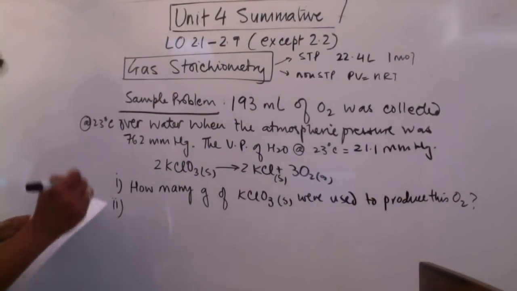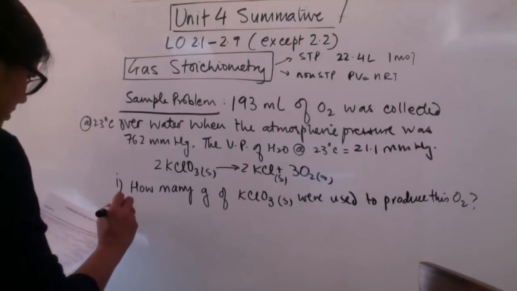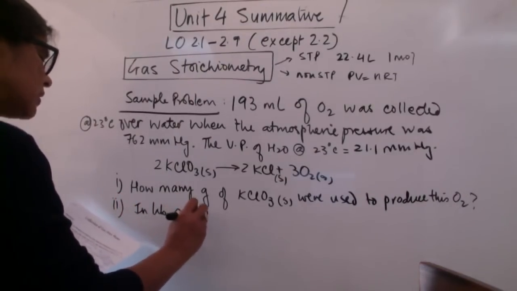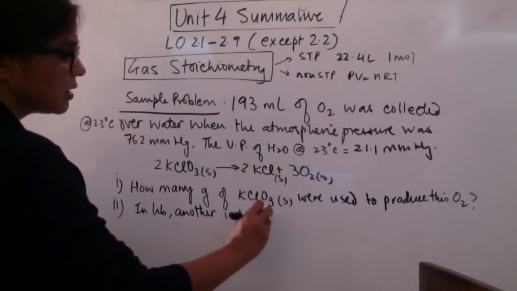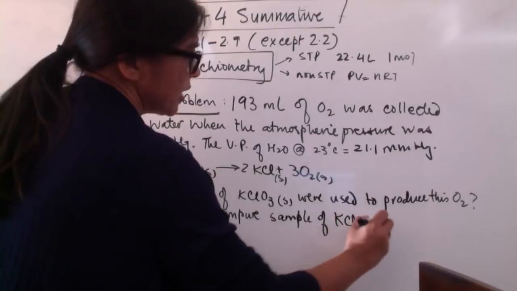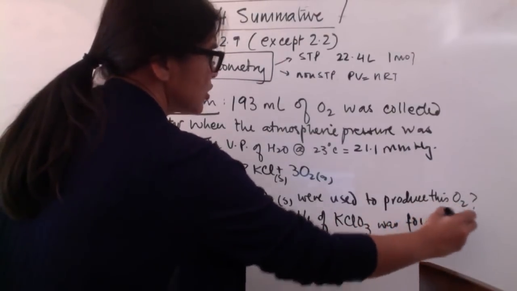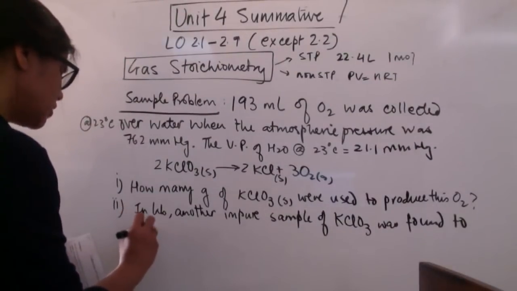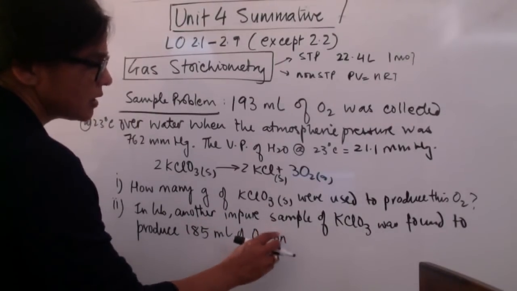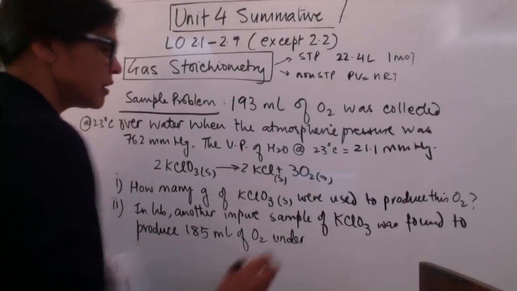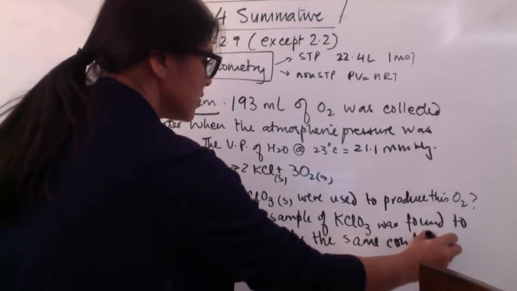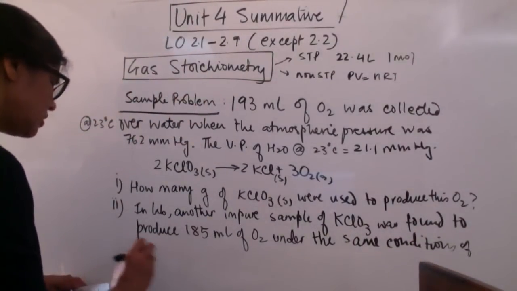The second one is, in lab, another impure sample of KClO3 was found to produce 185 milliliters of oxygen under the same conditions of temperature and pressure.